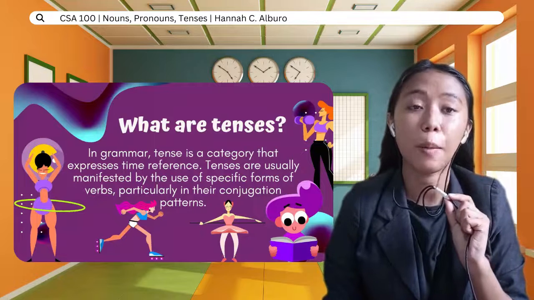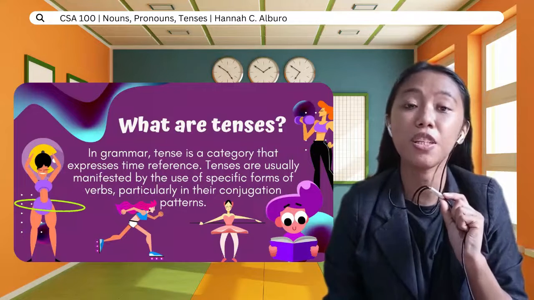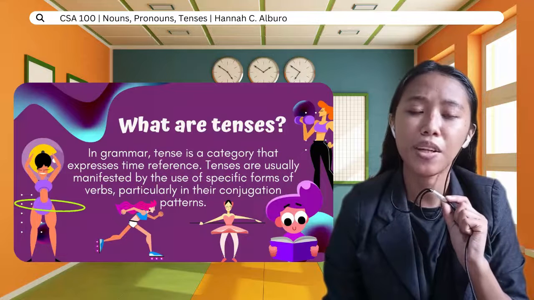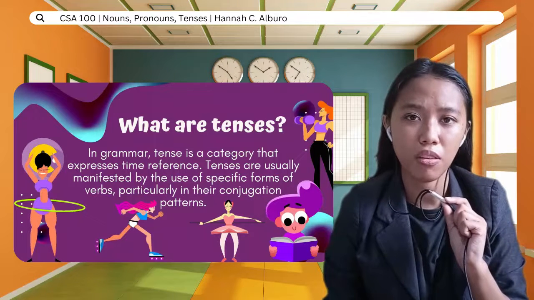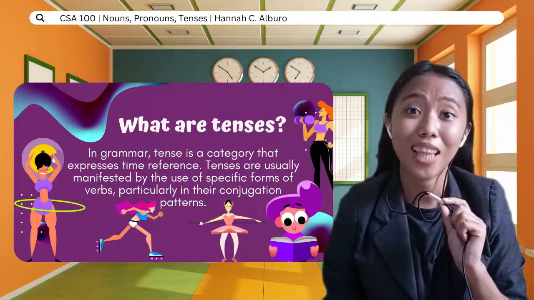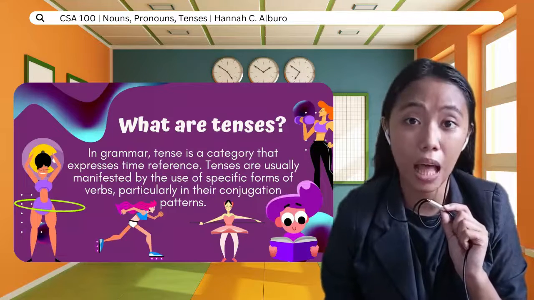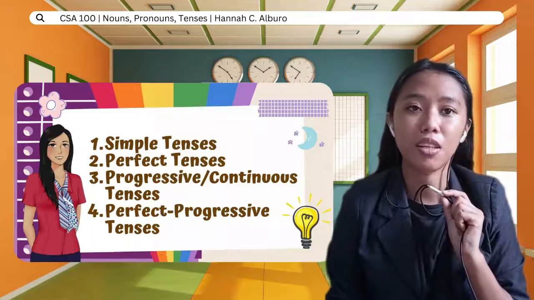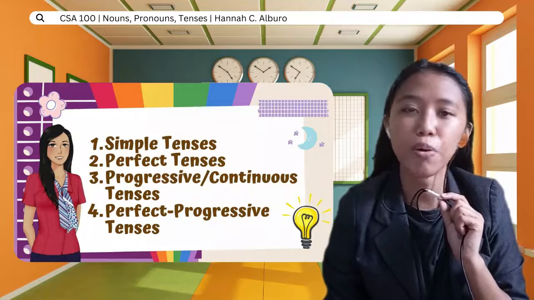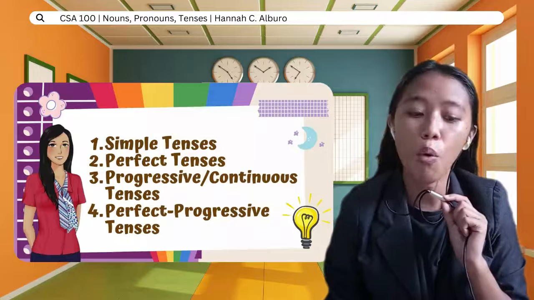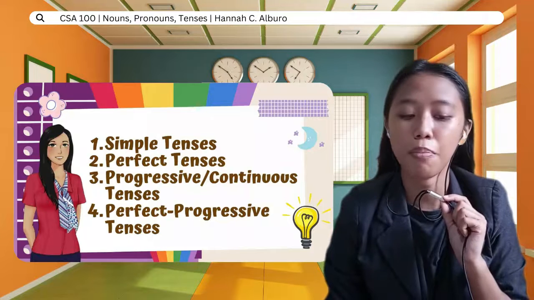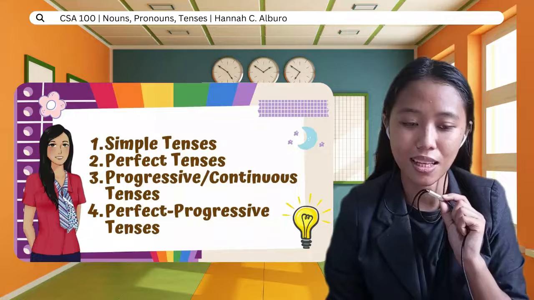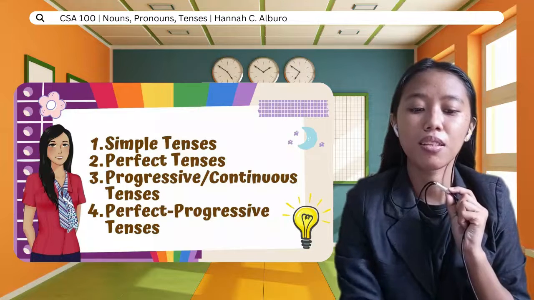Tenses are manifested by the use of specific forms of verbs, particularly in their conjugation patterns. In short, tenses are the verb's time frame. For this topic, I will be discussing the simple tenses, perfect tenses, progressive or continuous tenses, and then the perfect progressive tenses. First, we will be discussing the simple tenses.